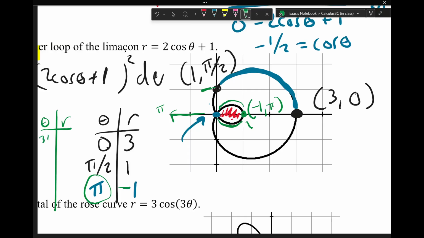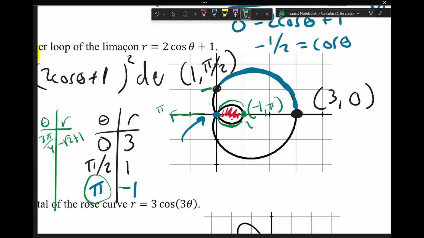So what is something in between pi over 2 and pi? Okay, we could try 3 pi over 4. Cosine of 3 pi over 4 is negative square root of 2 over 2. So this would be like negative square root of 2 plus 1, which is close to 0, but it's not 0.